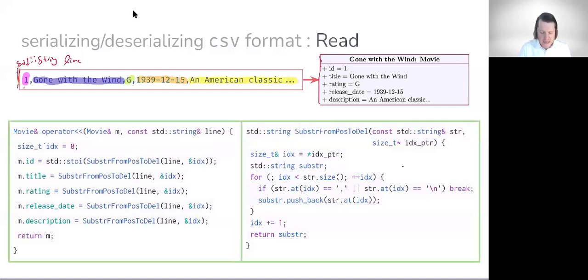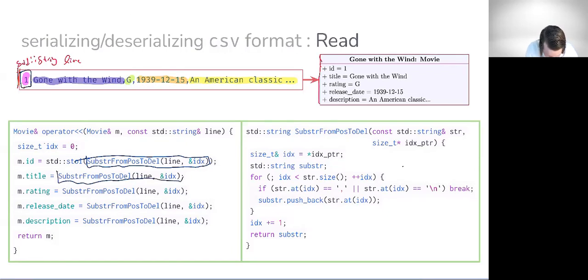I'm going to just recap what's going on here. With each call to substring from position to, I guess, delimiter, I've been calling it delete. I'm sorry. We're just looking at one field. So here it's 1. Let's do this even better. First time through, we're looking at the index field.